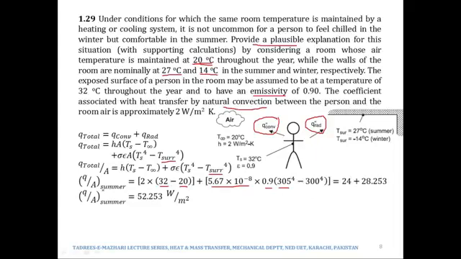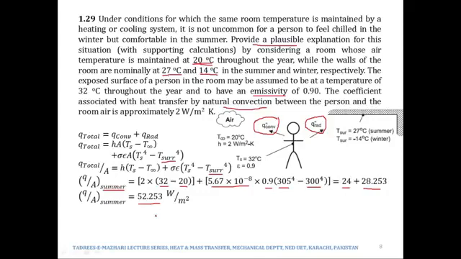If we are working things out for summer, the walls are at 27 degrees Celsius, so 27 plus 273 gives us 300. So the heat loss via convection is 24 and the heat loss via radiation is 28.2, the sum of which is 52.2. This is the amount of heat being lost from that person's body to the surrounding air and walls, which is 52 watts per square meter.